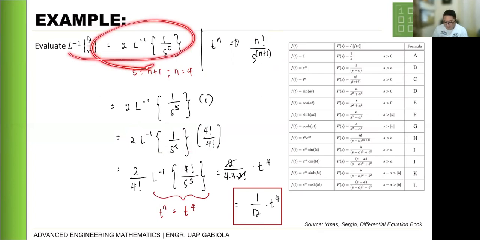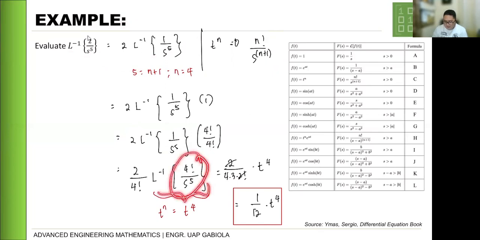And then, dito, upon looking at the form here, which satisfies the transform form here, which pertains to sa t raised to n, we easily change that to a value of t raised to 4. And then we simplified 2 over 4 factorial, we get 1 over 12, and then multiplied by the transform equation to f of t, and then this serves as our final answer for this problem.